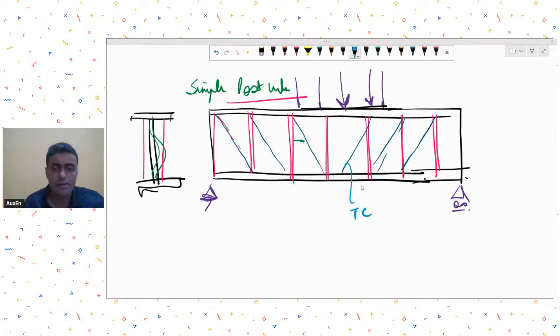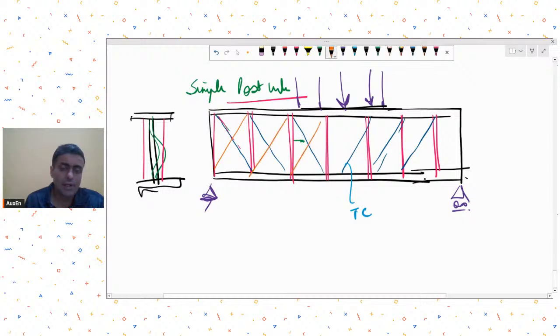Now these compression chords, which were in this direction, we will assume that they have already undergone buckling. So these compression chords have already failed under buckling. You will see these types of ripples being formed in your plate girder because the compression portion has failed under buckling.